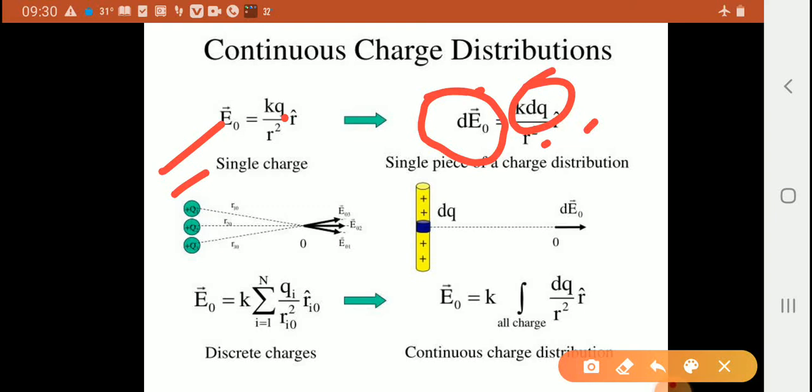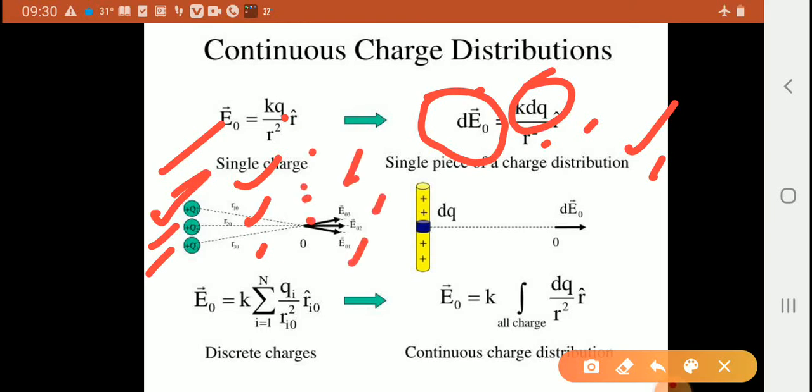Single piece of charge distributions: these are the different charges with respect to electrical field intensity, E1 equal to kq1 upon r1 square, plus kq2 upon r2 square, plus kq3 upon r3 square, with different electrical fields En, different charges qn and different radius r.